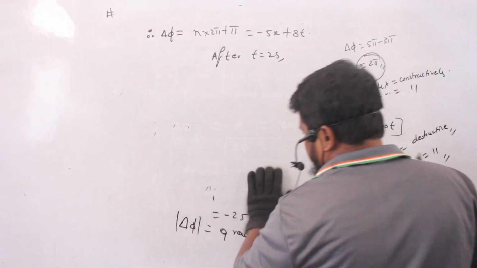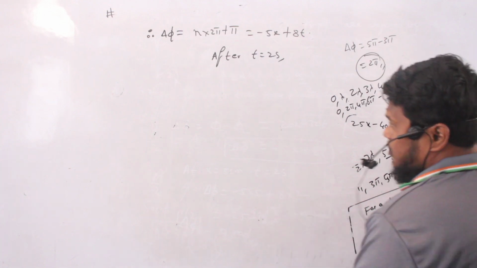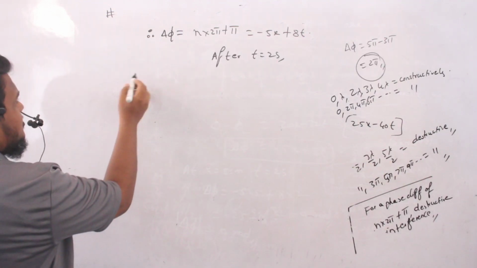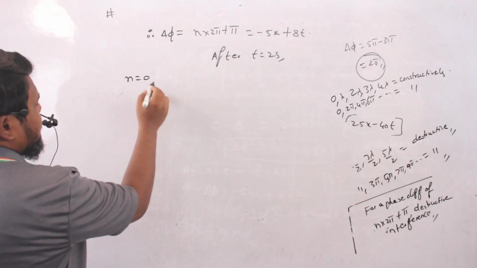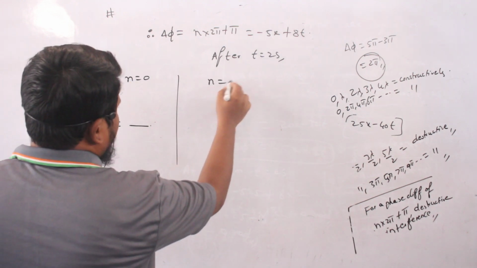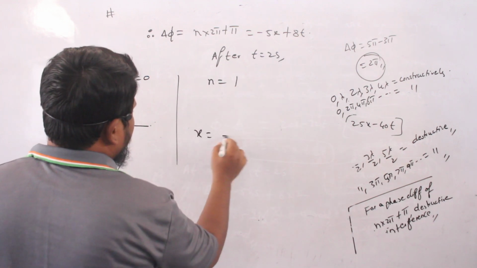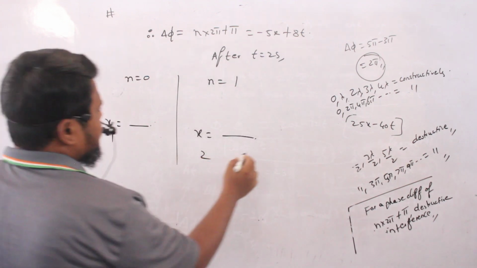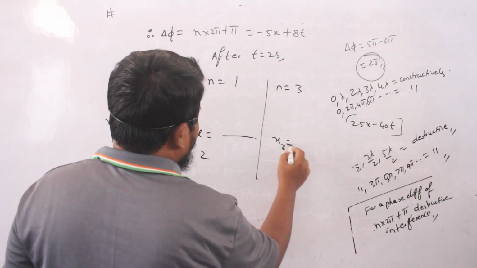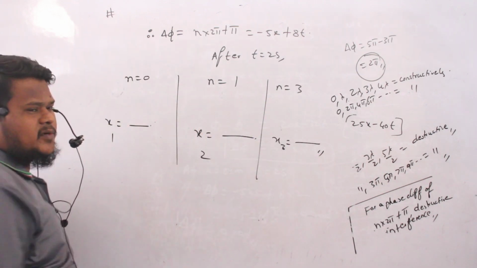Okay? So let us see how these waves will interfere. When I take n equal to 0, then I will get the x value at which destructive interference is happening. Similarly, when n is equal to 1, then I will get x2, the second distance where I am getting destructive interference.